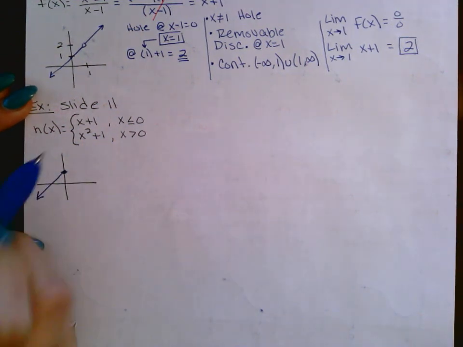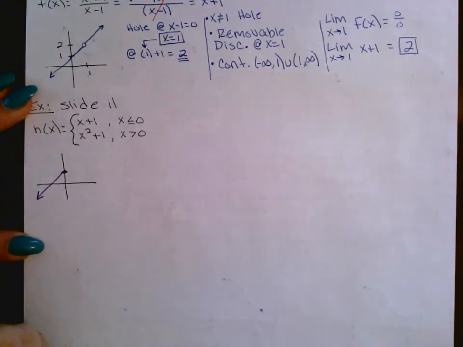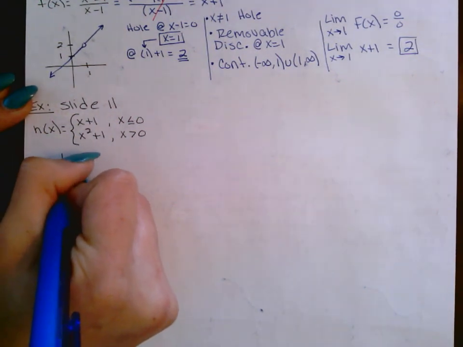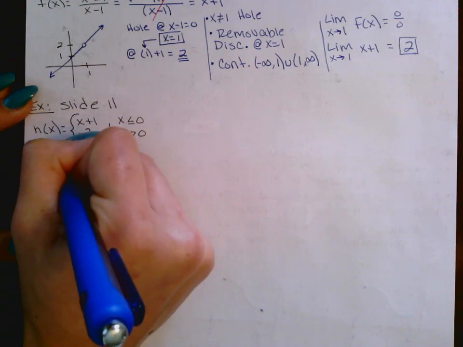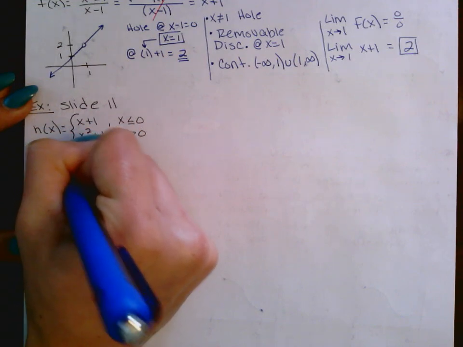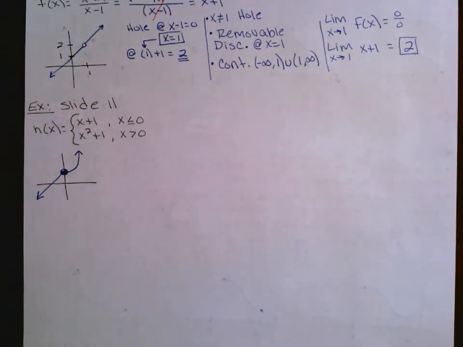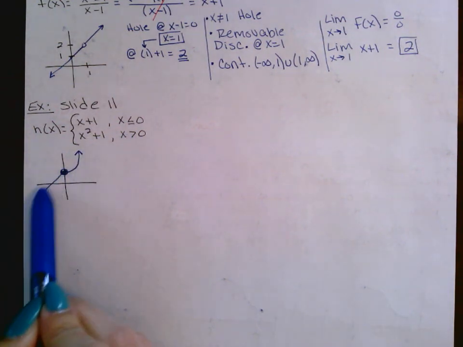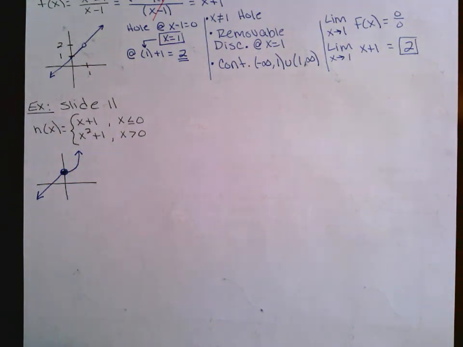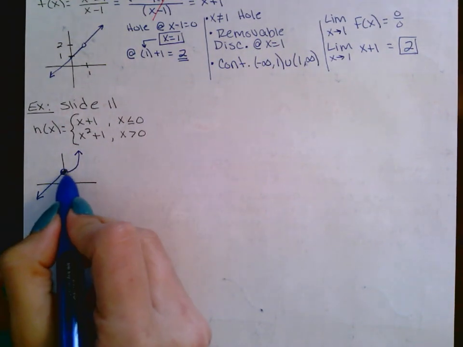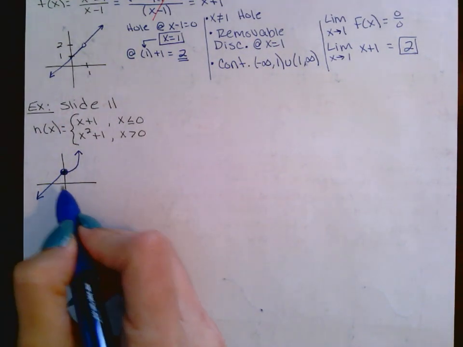And then x squared plus 1 is a parabola that was shifted up 1, but it only wants me to draw it to the right of 0, not including 0, but that's okay because it was already filled in by the other function. So, because the hole from the parabola was filled in by this function, you're going to see that with our limits being worked out even more, there is no discontinuity because the hole gets filled in.